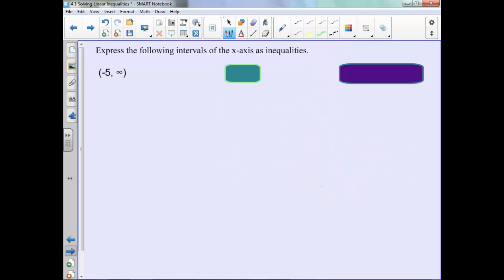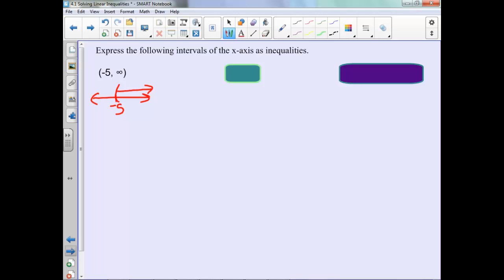Now we're just going to go from intervals to inequalities. So this is just kind of going backwards from what we've done. So if we have from -5 to infinity, that means if we were to graph this, we'd be going from -5 to the positive direction.